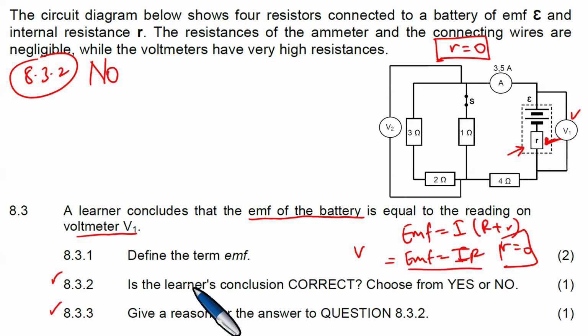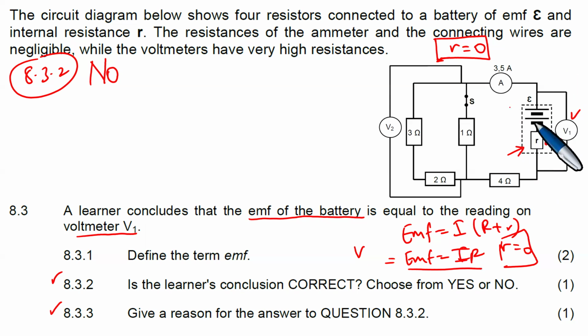The learner will be tempted to think that this is exactly equal to EMF, but you need to tell the learner something more: only when the internal resistance is zero. If the internal resistance is not zero, then some of the volts are lost inside before we reach the terminals.